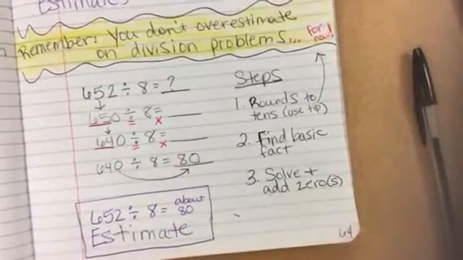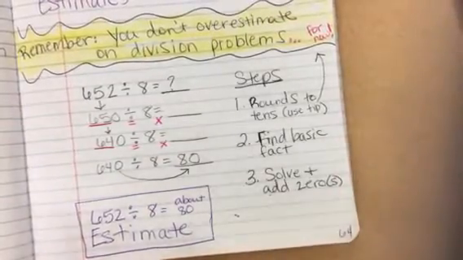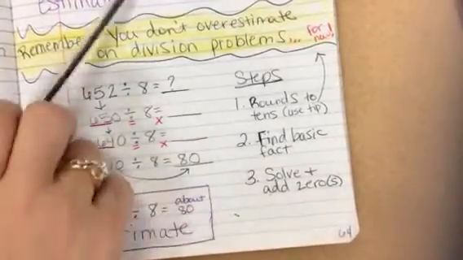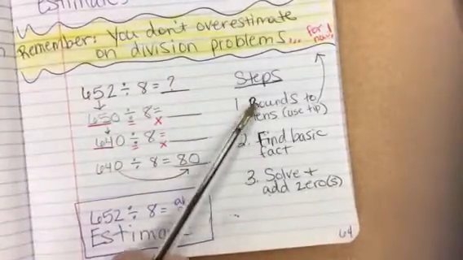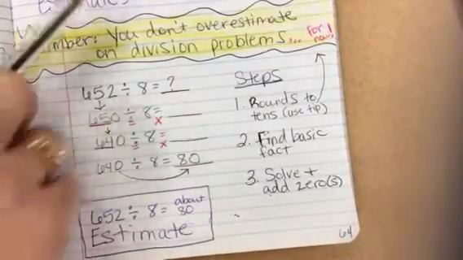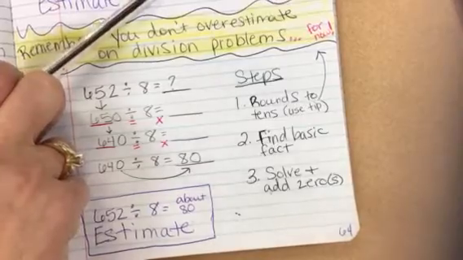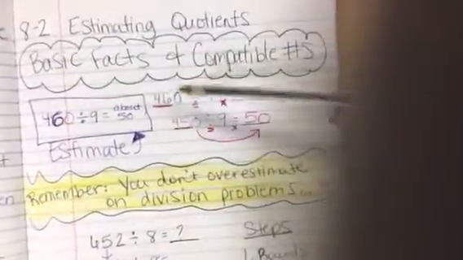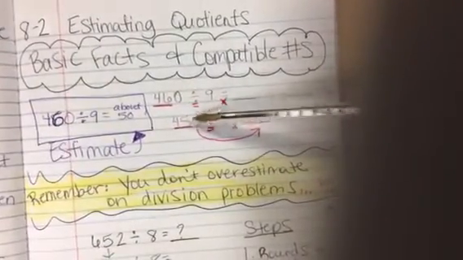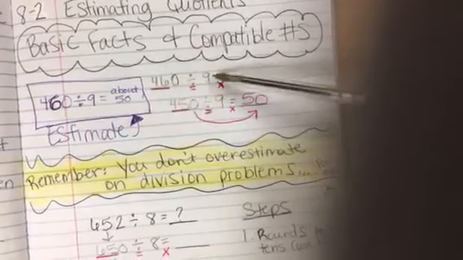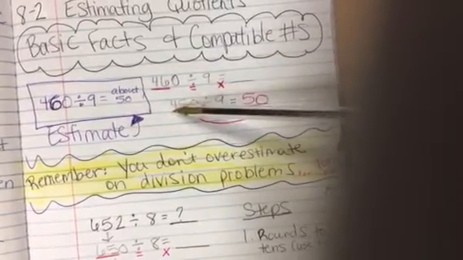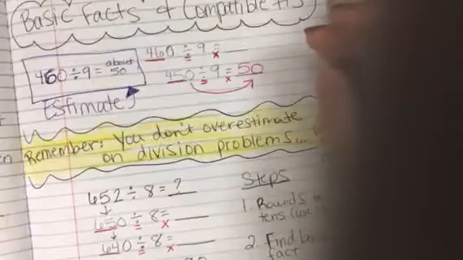Okay, so basically, as you can see, the biggest part is this extra step. We have to round somewhere first. Up here we had to go from 460 to 450 because 46 was not a multiple of 9 and 45 is a multiple of 9.